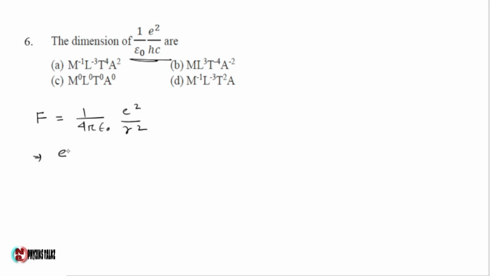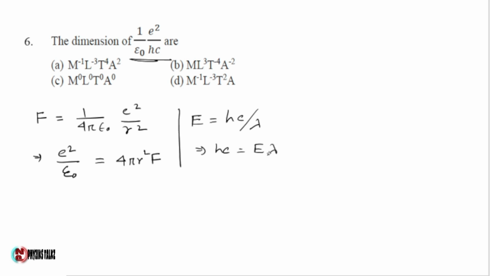Now e square by epsilon naught equals 4 pi r square into F. Also energy E is given by hc by lambda, or hc equals E into lambda.